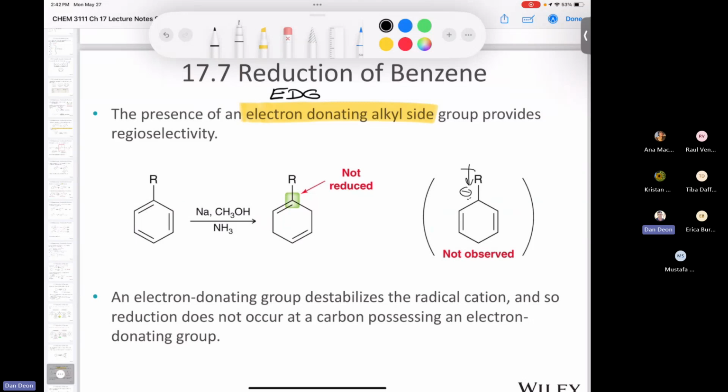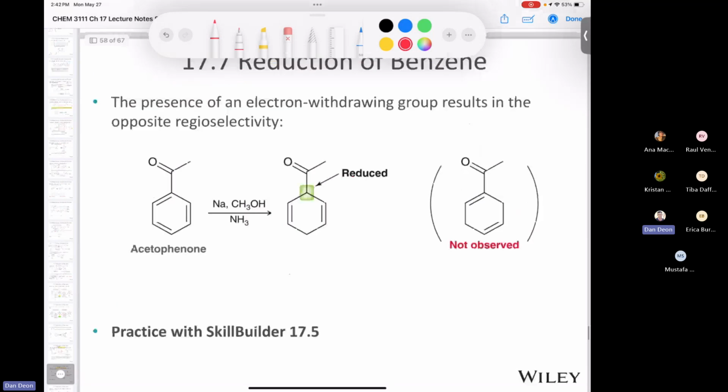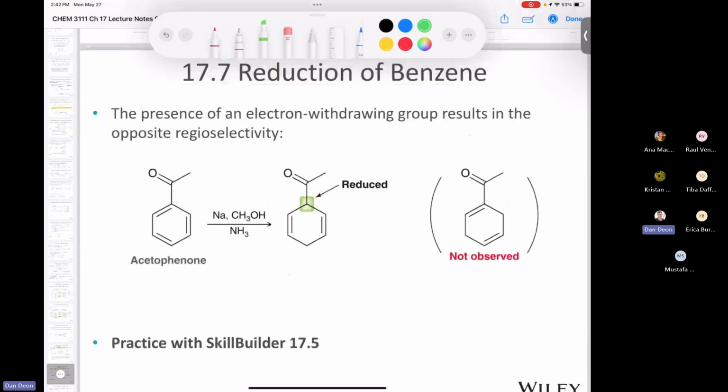So you want to memorize that when you have an electron donating group, that carbon is not going to be reduced. However, what if you have an electron withdrawing group, an EWG? If you have an electron withdrawing group, then that carbon is going to be reduced. Why? Because you have an electron withdrawing group, and it's okay with having a carbanion there. It's okay with a negative charge. It can accommodate it.